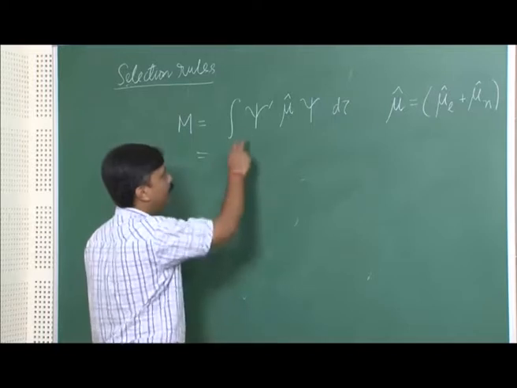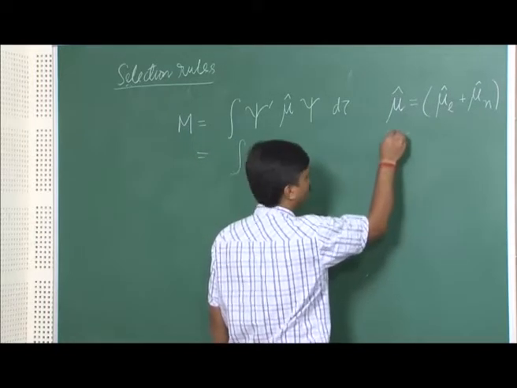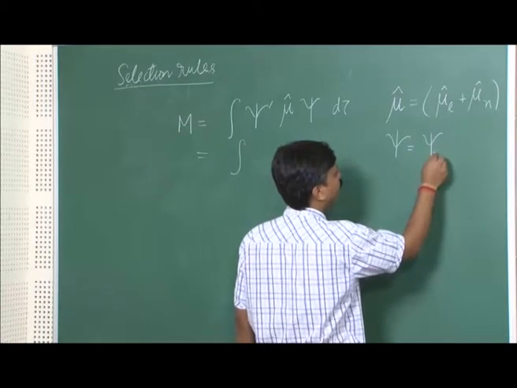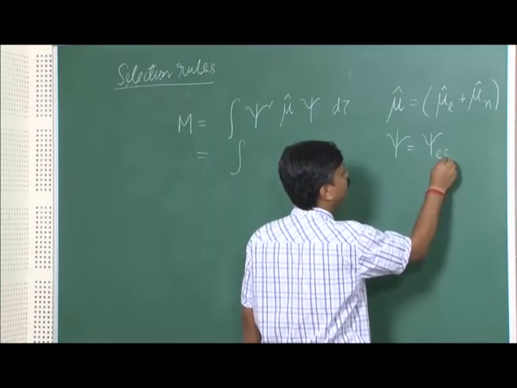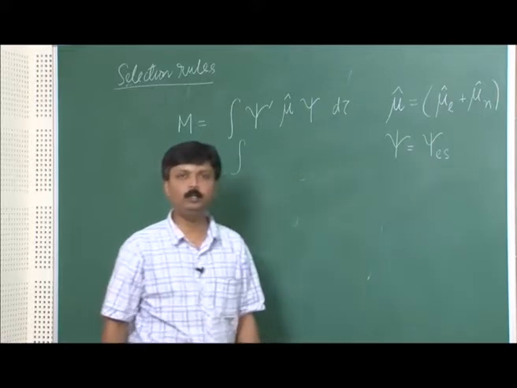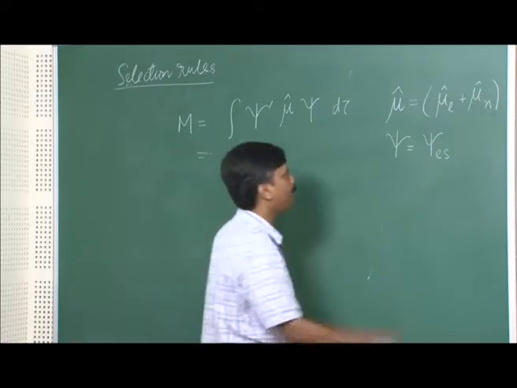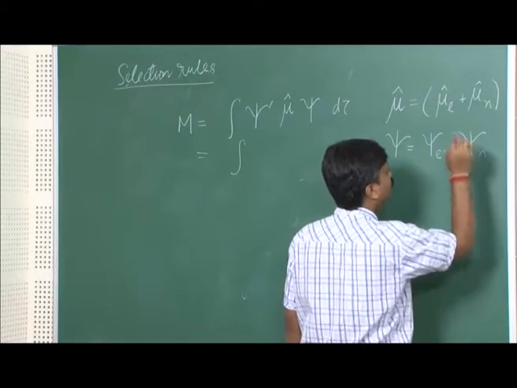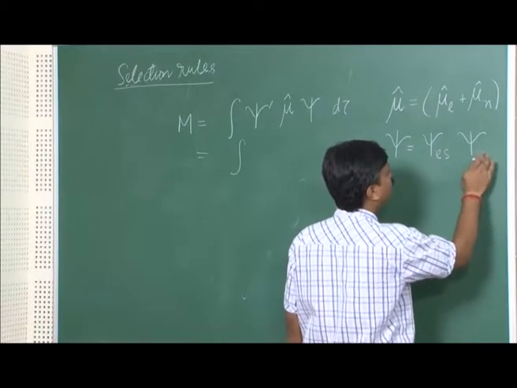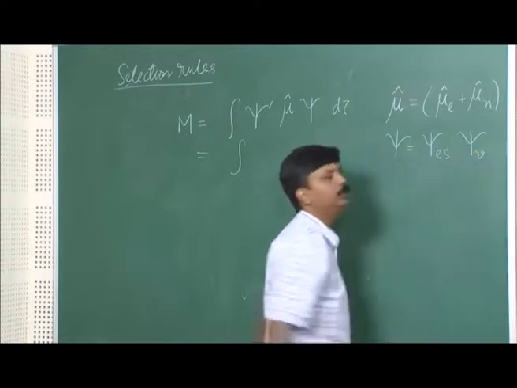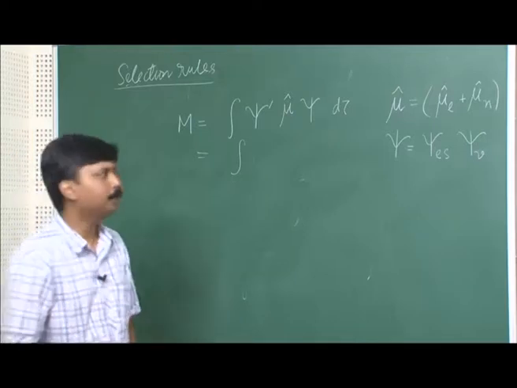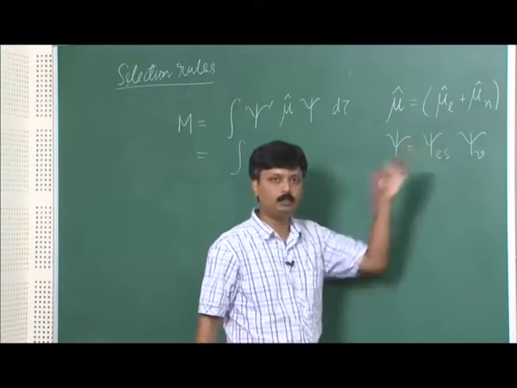Therefore, I can write this psi prime, or in general psi, as psi ES, where E stands for electronic and S stands for spin, times psi N, or I can also write psi V, so that you can easily see that this stands for the vibrational wave functions, right.